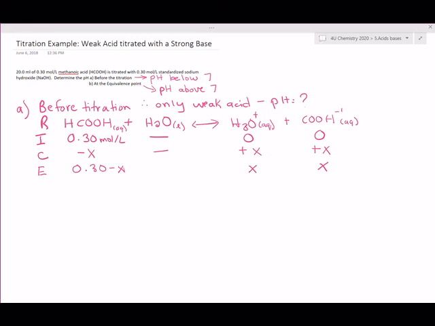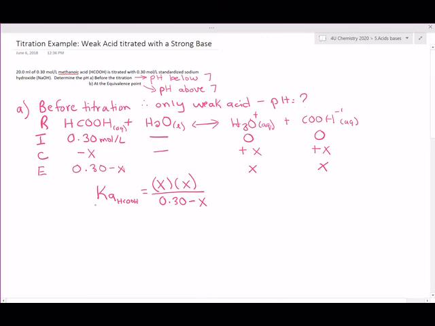So we can set up our equilibrium equation now, where Ka for methanoic acid is going to be equal to products, so x times x raised to the 1, divided by 0.3 minus x, the reactant, which is also raised to the 1.